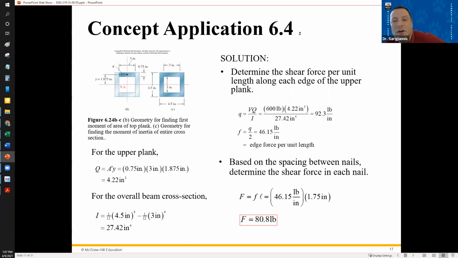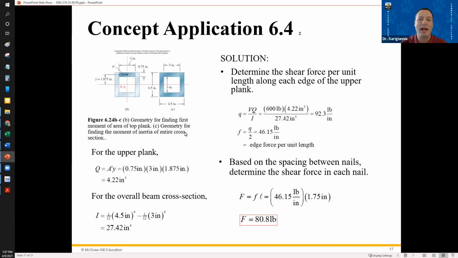All right. Let's look at the system. The general equation is q equals VQ over I, right? We require the shear, that's 600 pounds, and we require Q. Well, what's Q? We're looking at the upper plank and this vertical seam here.